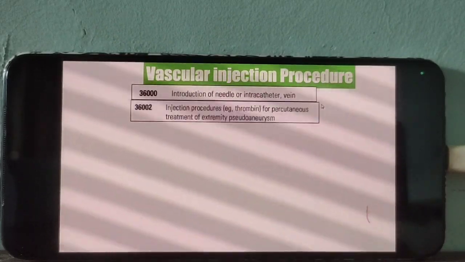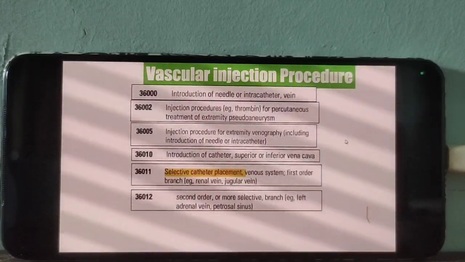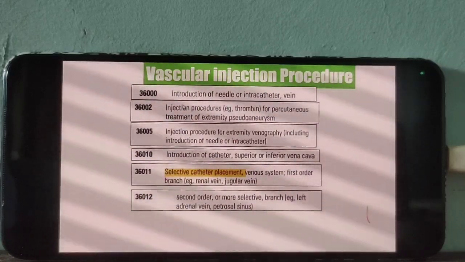Vascular injection procedures. Here, first we have to check the procedure, next we have to check the location. Now the procedure is introduction of a needle or catheter.